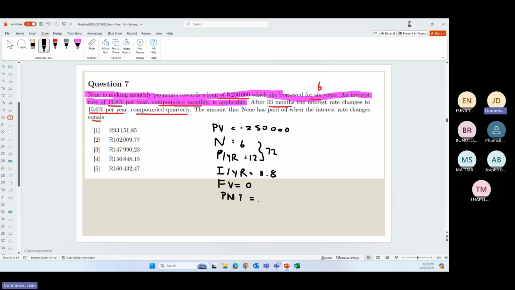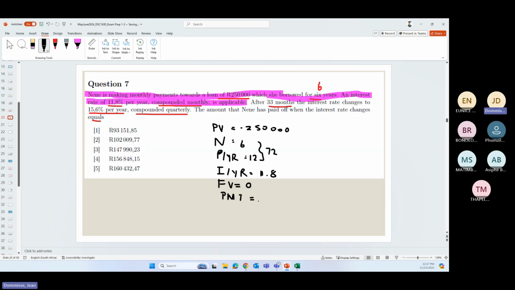So monthly installment is, let's quickly do that. So it is 250,000 present value, zero future value, 12 times per year for 6 years.